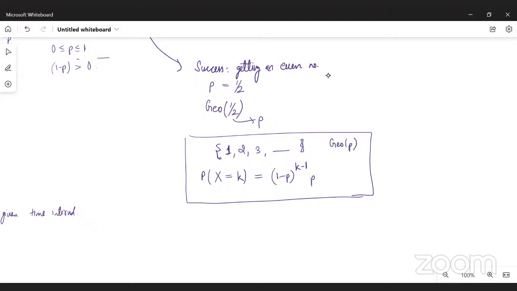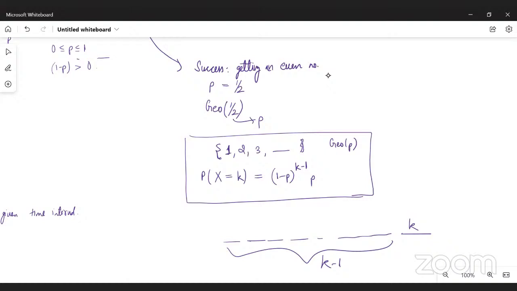Okay. So what does it mean? It means that you are getting your first success on the kth trial, right? So you have 1, 2, 3, and let's say this is your kth trial. If you are getting the first success on the kth trial, it means on the first k minus 1 trials, you have all failures.